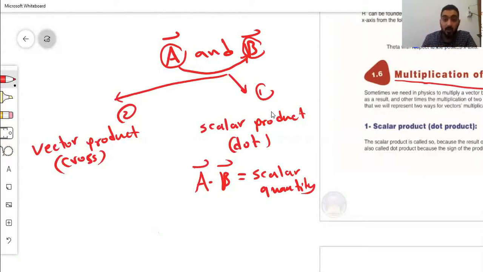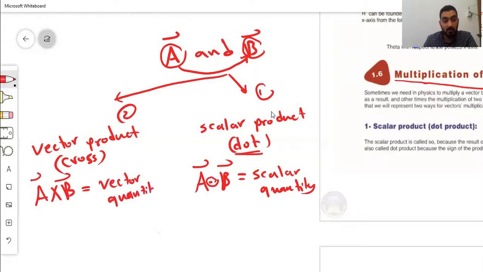The other reason to call it dot product is that there is a dot sign between vector A and vector B. The vector product or cross product is called that because when we multiply vector A cross vector B we get a vector quantity, and we call it a cross product because there is a cross sign between vector A and vector B.